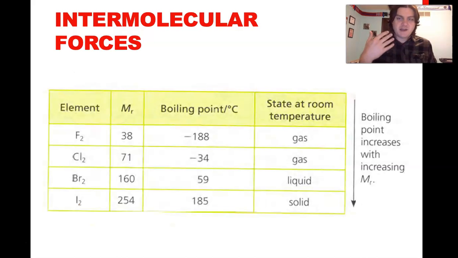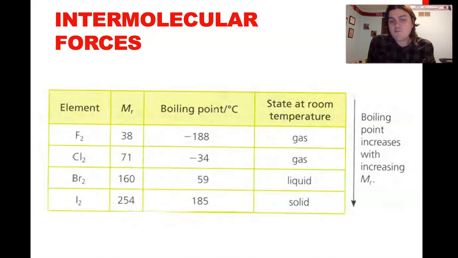So here's a selection of the halogens, starting with fluorine, going down through iodine. I want to start by looking at the state of matter at room temperature. Both fluorine and chlorine are a gas at room temperature, which means they have a pretty low boiling point and melting point.